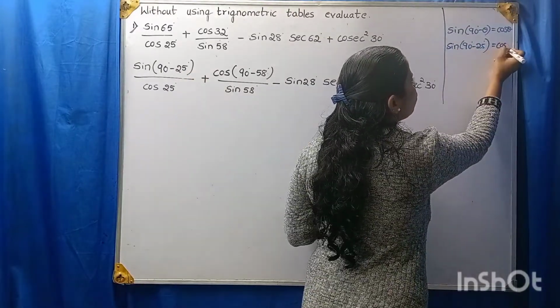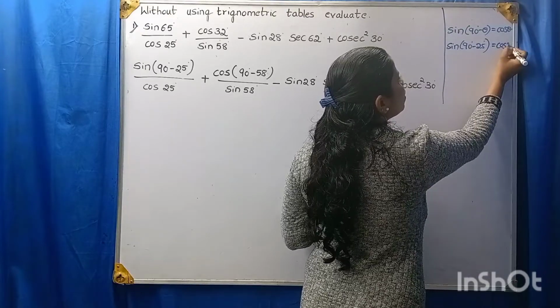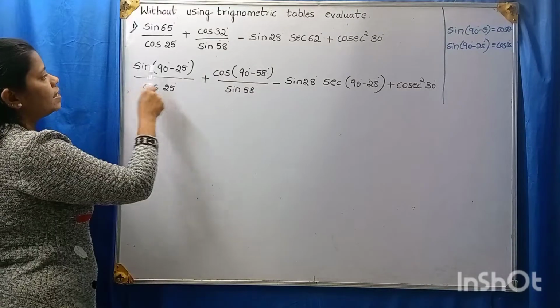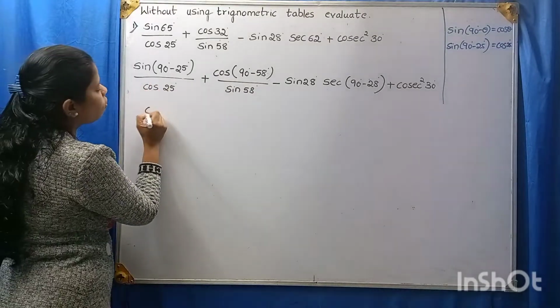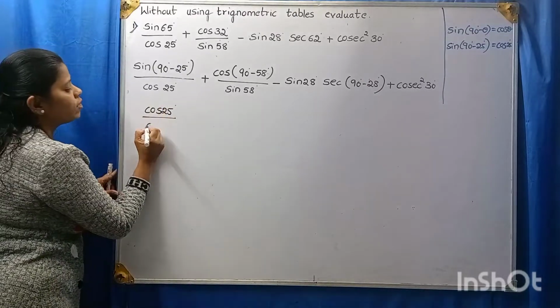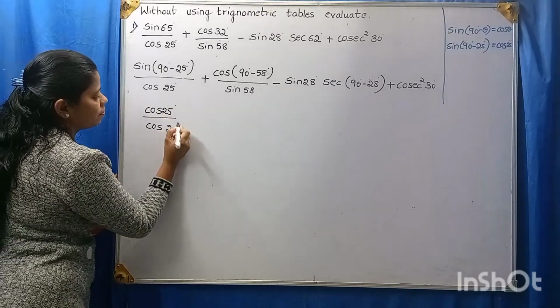Therefore, it will become cos theta, theta is 25 degree. Sin 90 degree minus 25 degree is cos 25 degree, divided by cos 25 degree.